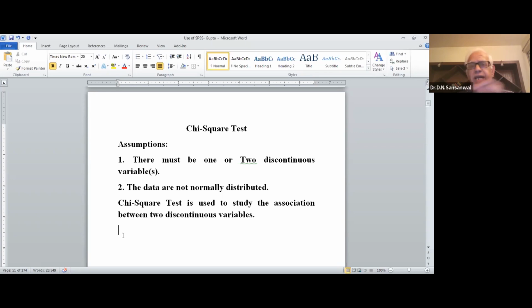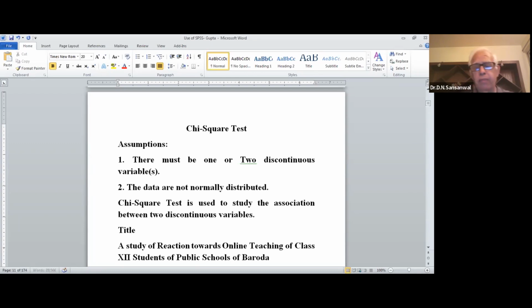So let us have one title. The title is A Study of Reaction Towards Online Teaching of Class 12 Students of Public Schools of Baroda.